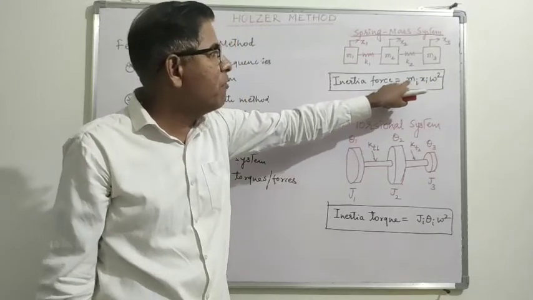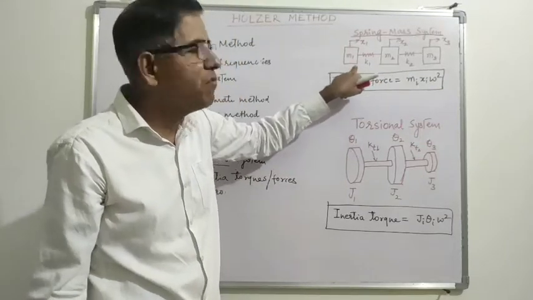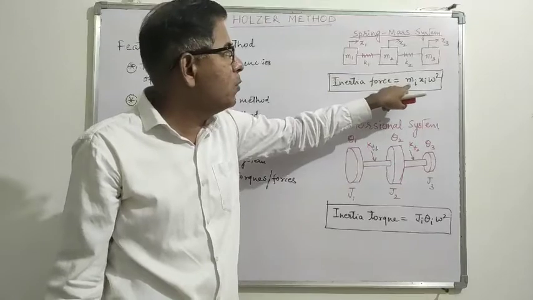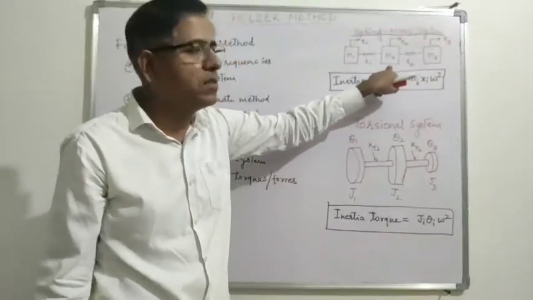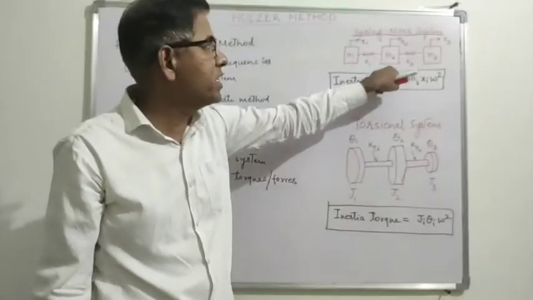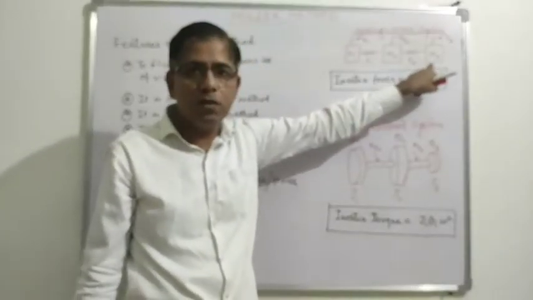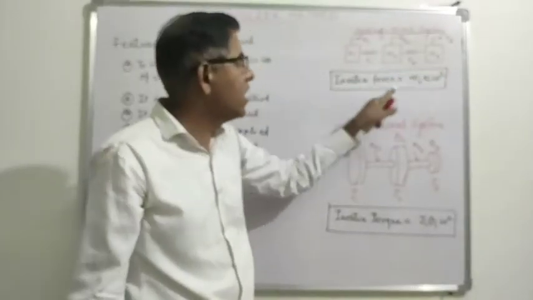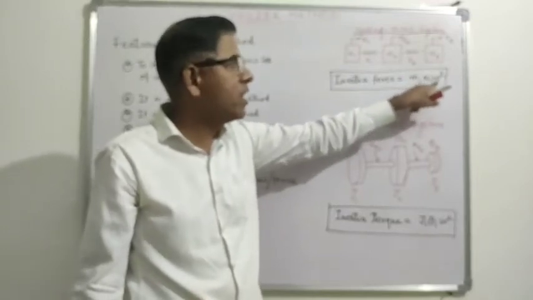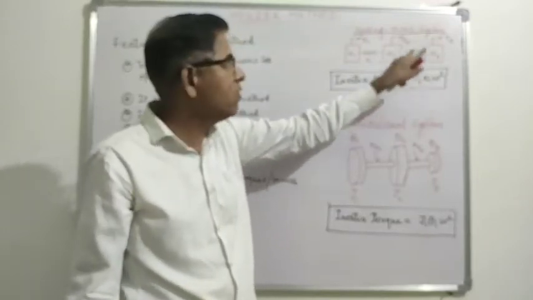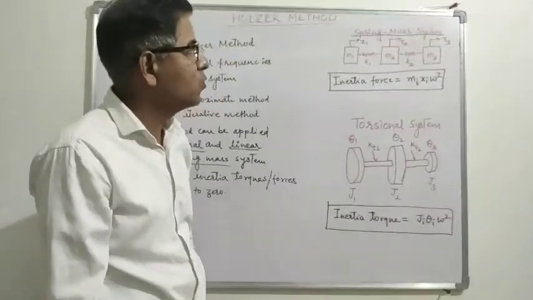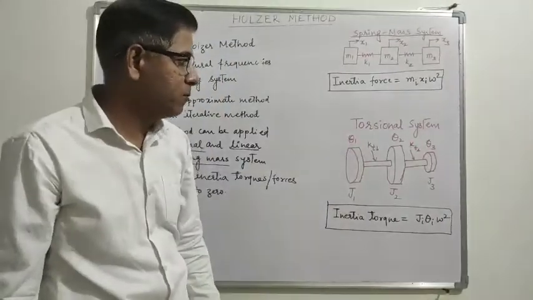So m1 x1 omega square is the inertia force of the first mass, m2 x2 omega square is the inertia force of the second mass, and m3 x3 omega square is the inertia force of the third mass. In a generalized way it is written as mi xi omega square. So this is the inertia force associated with the spring mass system.